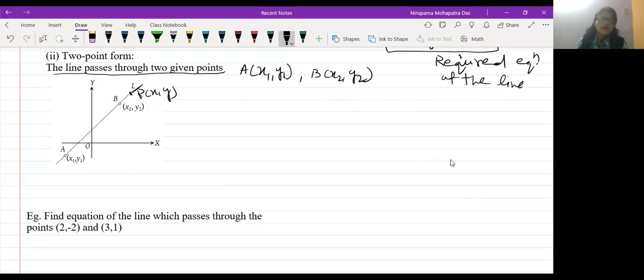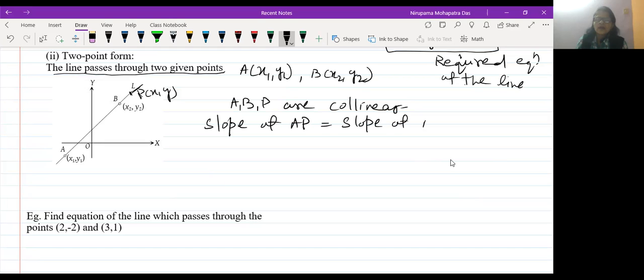Then A, B, P are collinear, so the slope of AP equals the slope of AB, because AB and AP are part of the same line.